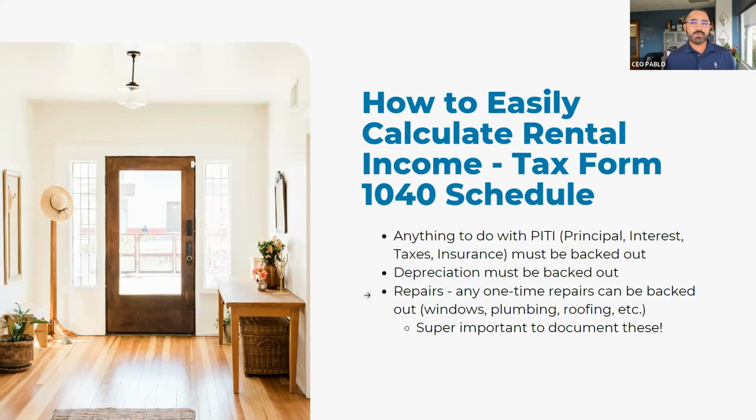One-time expenses are things like a roof. You only replace a roof once every 15, 20 years. Windows, right? You don't change the windows every year. You change those once every 15, 20, 30 years, whatever it may be. So those things you're going to be able to put back in, or back out, so that the borrower doesn't get hit on their income with those things. But it has to be a one-time repair, like the things I mentioned, and just as important, you have to be able to document it.